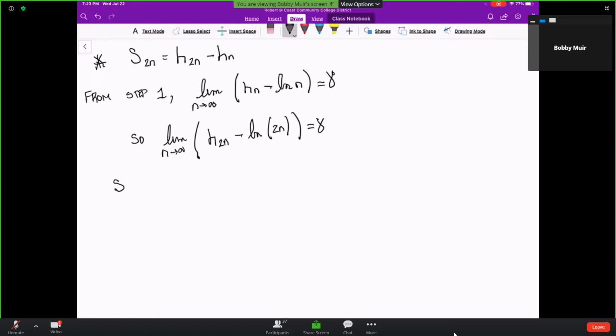Okay, now here comes a bunch of manipulating. S sub 2n, which has been established to be H sub 2n minus H sub n, is equal to H sub 2n plus 0 minus H sub n.